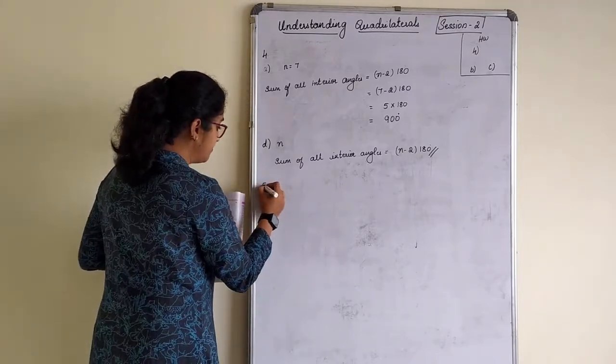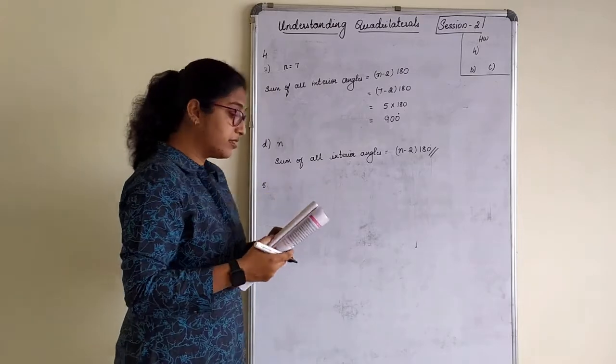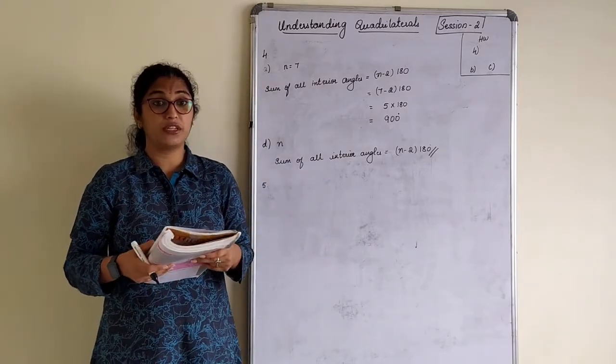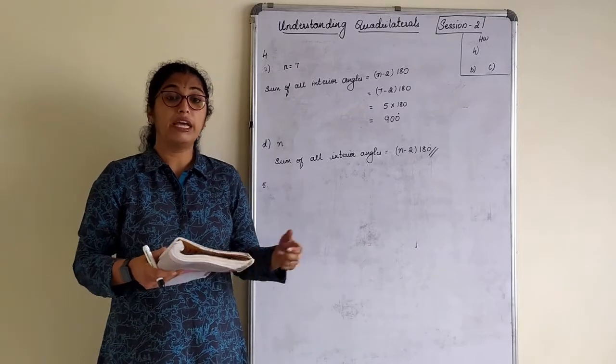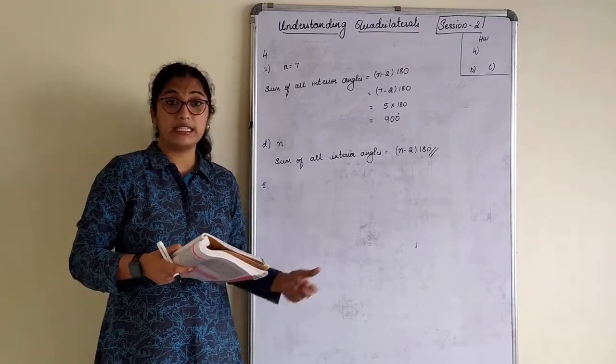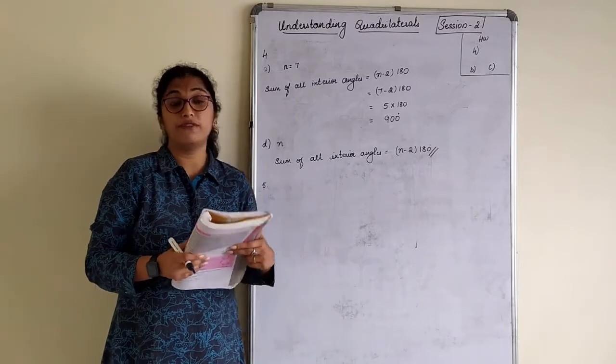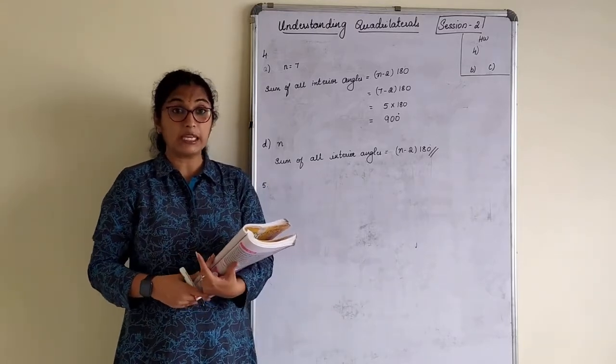Fifth one. What is a regular polygon? Now they have asked for the definition of a regular polygon. You all know, we have written this in yesterday's session. What is a regular polygon? A polygon which has equal sides and equal angles.